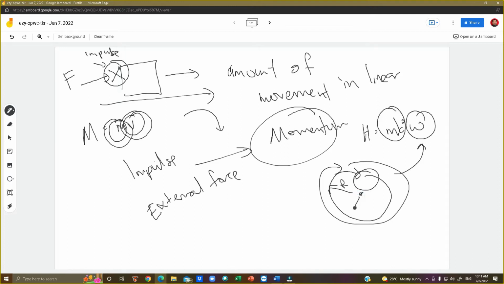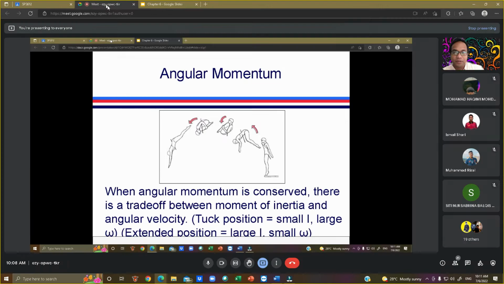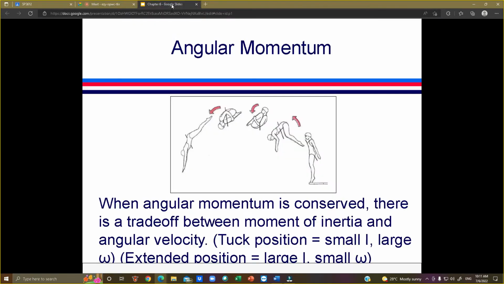But if the radius is shorter, radius 1 is larger than radius 2, you are going to have less mass in the system, which means the rotation is going to be speedier, faster. That is the case for angular momentum.